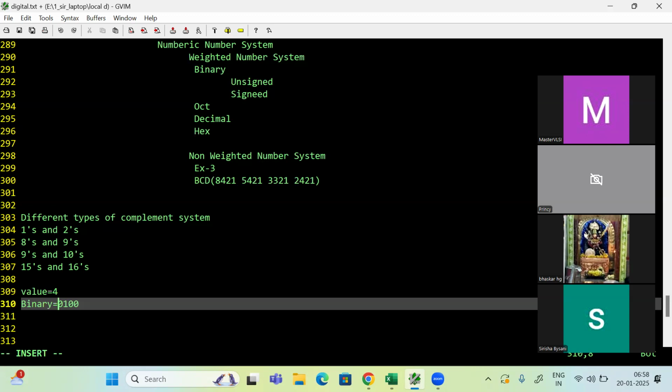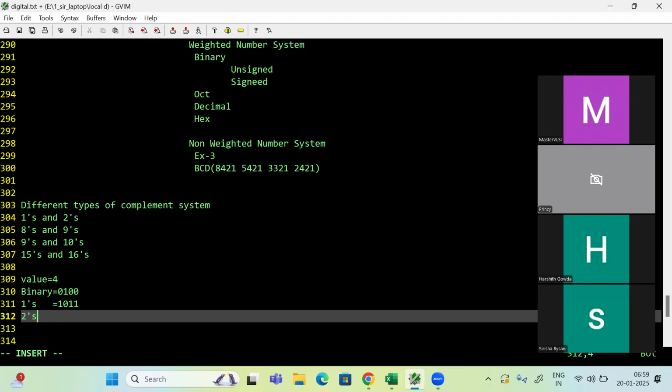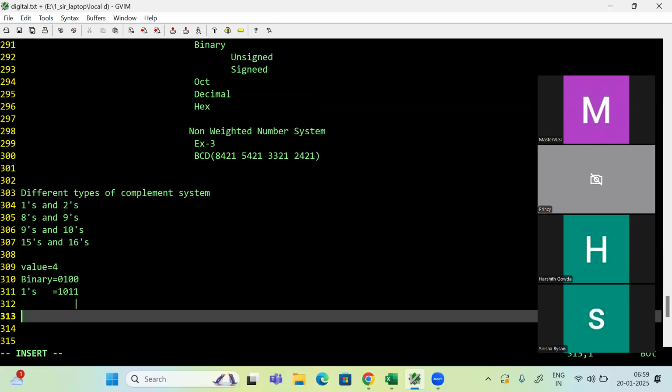Binary value. Correct. Now, what is the value of one's complement? 1011. Now two's complement: 1100. 1100.